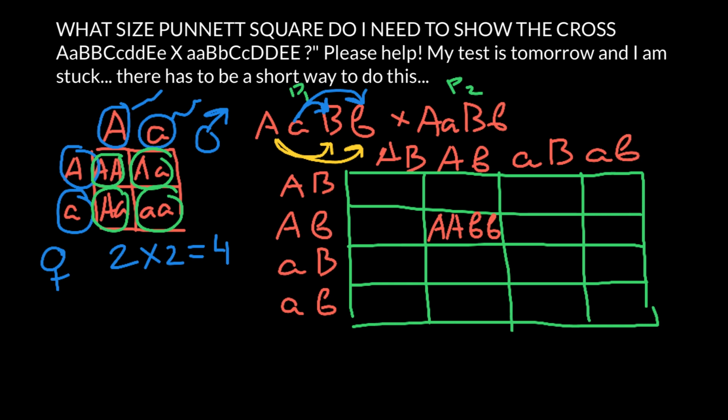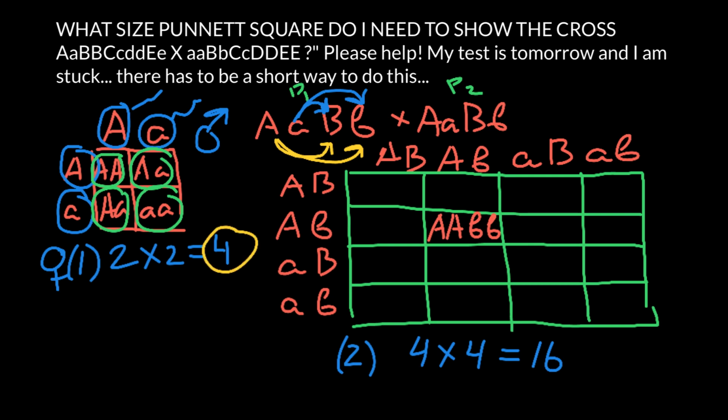So let's list this number. With 2 genes, our Punnett square is going to be 4 by 4 and going to have 16 cells. So 2 genes and 1 gene here. Now we have 4 variants here, 16 variants here, and you see also a pattern.